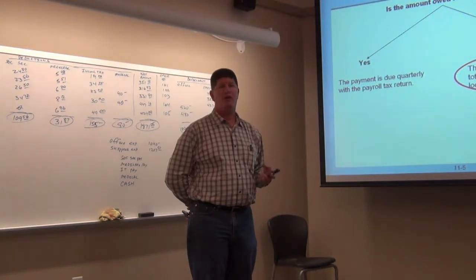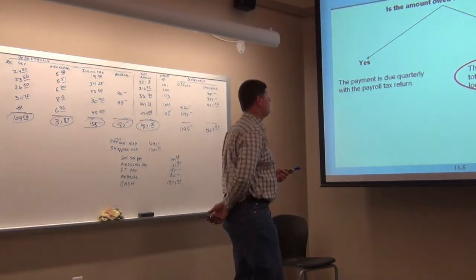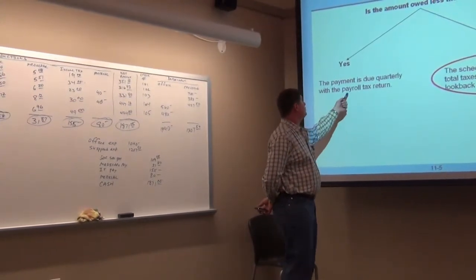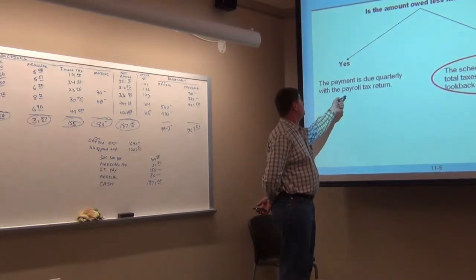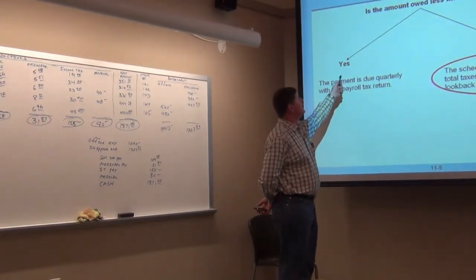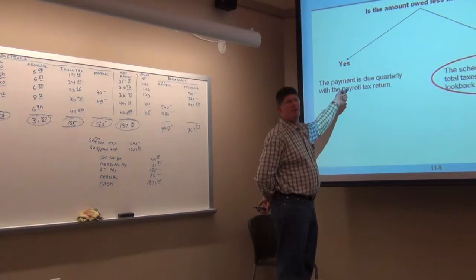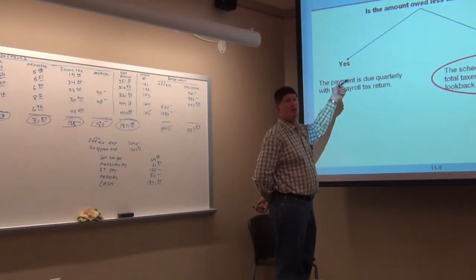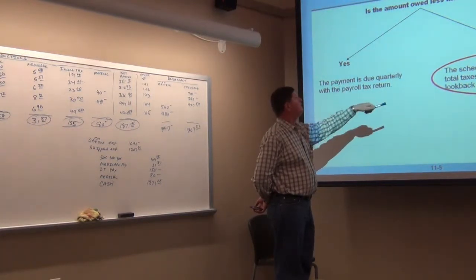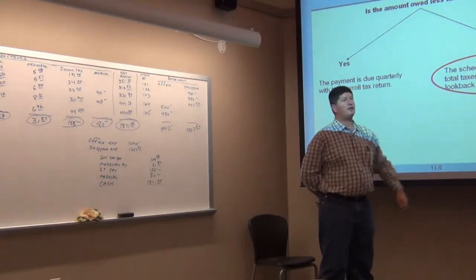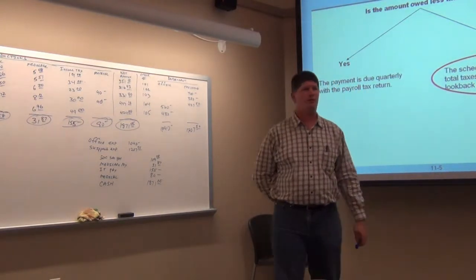So in determining how often you pay your tax, you start with that $2,500 number. If you owe more than $2,500, let's see, is it less than $2,500, you only have to pay it once a quarter when you file a quarterly payroll tax return. If it's more than, you've got to look at that look-back period and figure out how often.